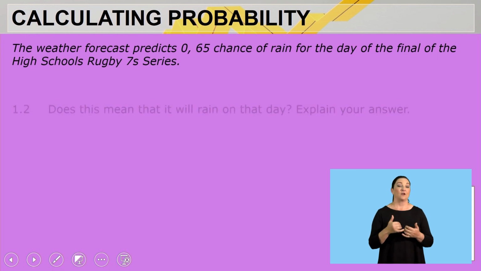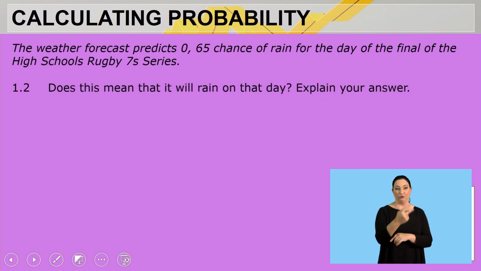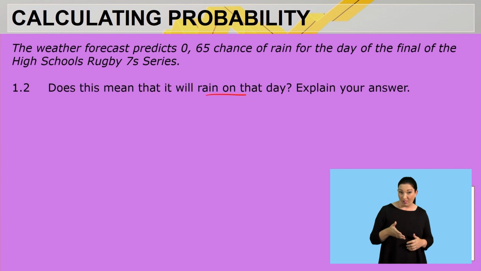Here's the same scenario. Let's look at the second question. Does this mean that it will rain on that day? Explain your answer. Remember, we just said there's a 65% chance of it raining. Now it's asking, does it mean that it will rain on that day? The answer here will be no. Why am I saying no?